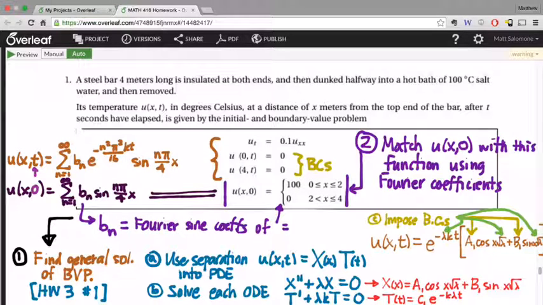And according to what we know about Fourier sine coefficients, that's going to be 2 over L times the integral from 0 to L of f of x, where f of x again is that piecewise function, times the sine of n pi over 4 times x with respect to x.